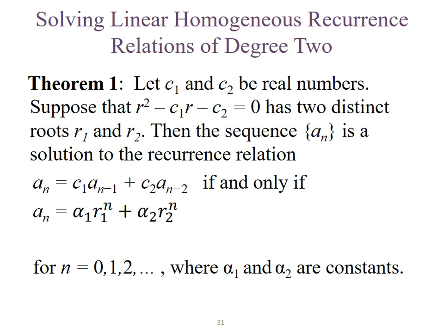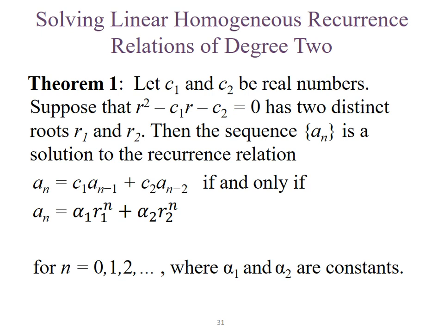Once we can discover the characteristic equation, then we can solve for the characteristic roots, and then we can apply Theorem 1 to discover the final closed form solution. We can use r1 and r2 and this equation as our final closed form solution.